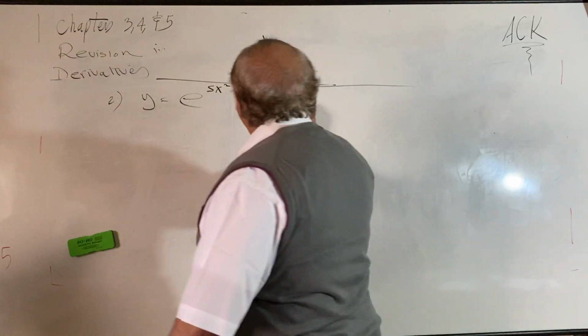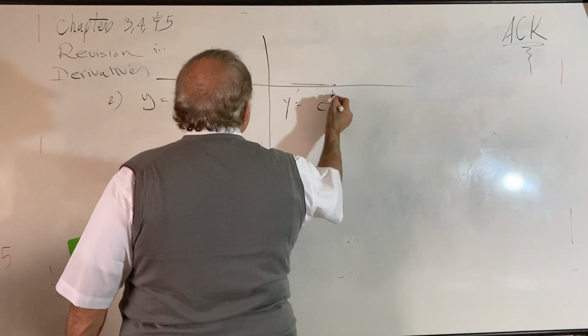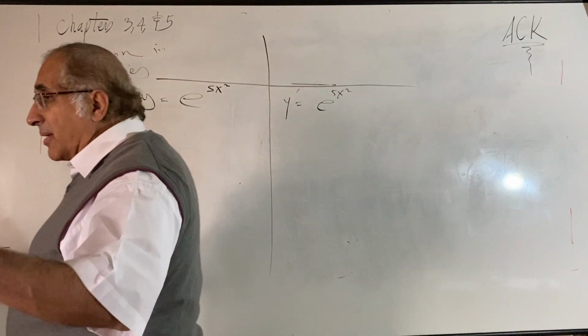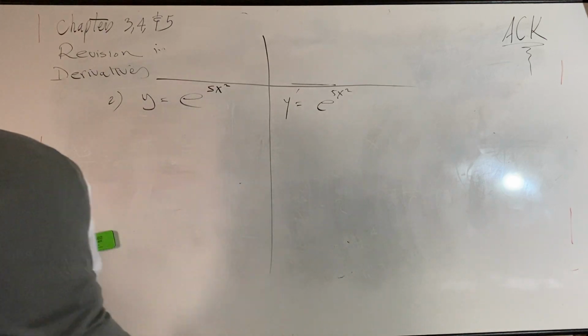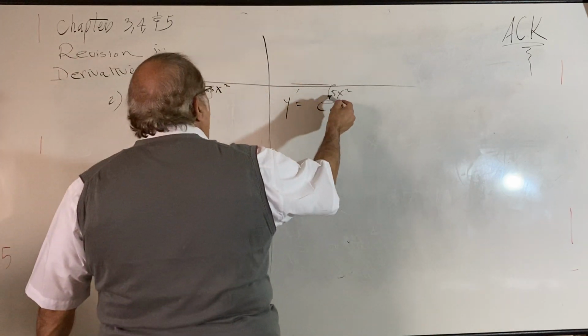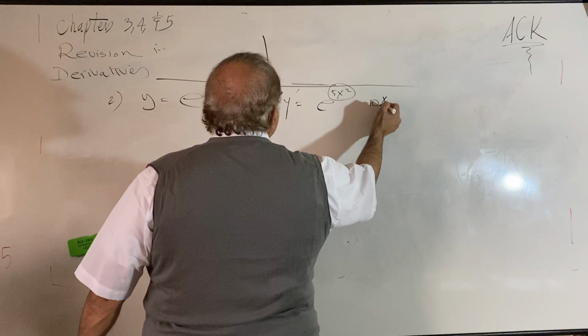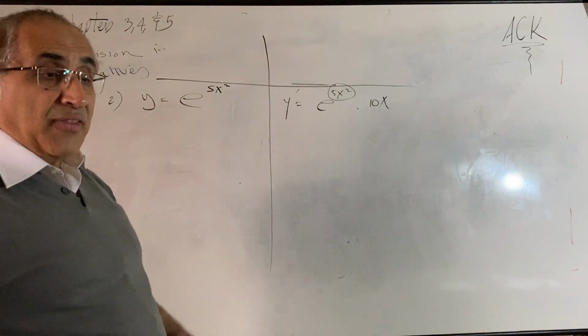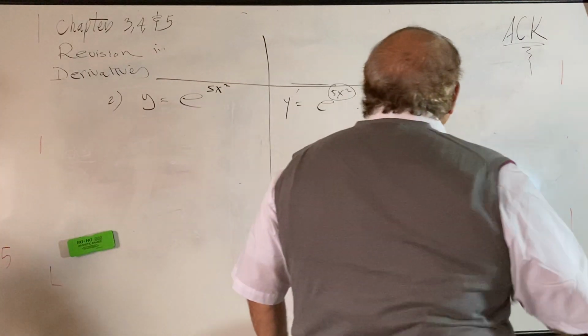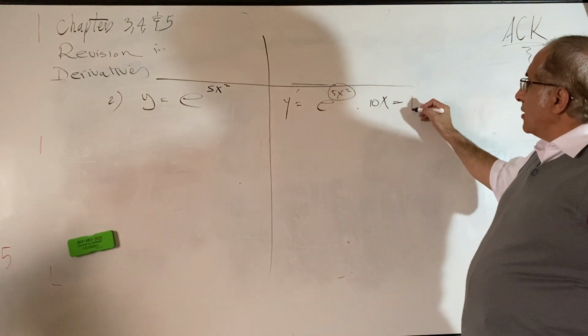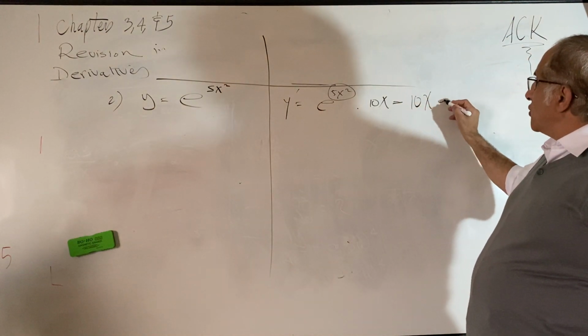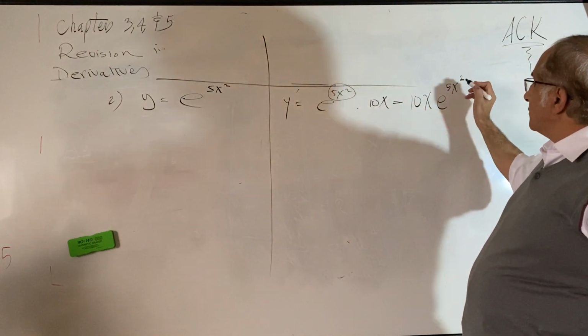So the derivative of that is the same. Always remember, always the same. But the derivative of the power is 10x. You can leave it like this, you get a perfect mark. Or, if you don't only worry about marks and you care about neatness, write this one in this form.